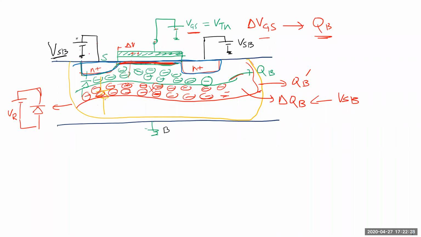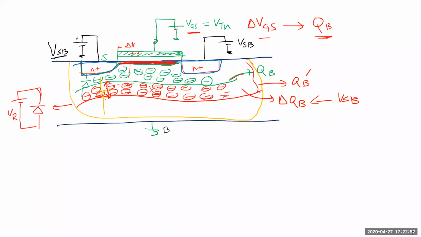So basically what I did by applying a voltage across the source and bulk, usually source with respect to bulk a higher voltage, is that I increase this depletion width, because of which the surface potential changed. And my job is to bring it back where it was before.